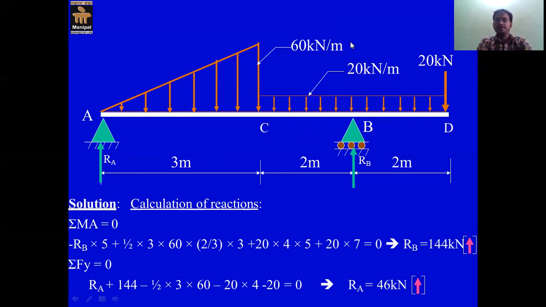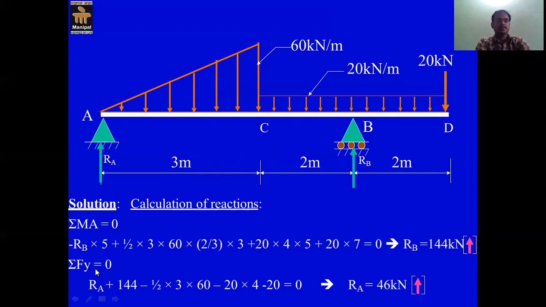So the concentrated load from the UDL, the distance between this concentrated load and the point A is 5 meters. So it is 5 plus 20 into 7. So the moment about A is equal to 0. This is important. Then RB is equal to 144 kilonewtons is what we get.